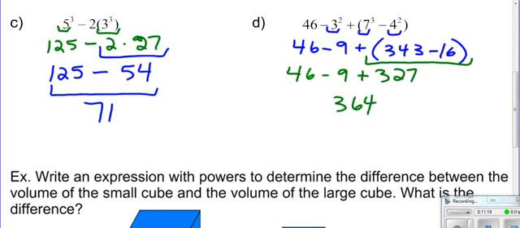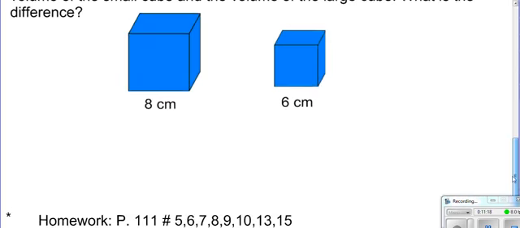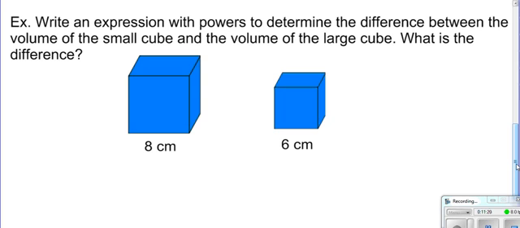There we go. Okay, last example for this video is a bit of a problem solving, but more of a visual question. So it says write an expression, so we want an expression that has powers to determine the difference. So difference telling us to find the subtraction between the volume of a small cube and the volume of a large cube.